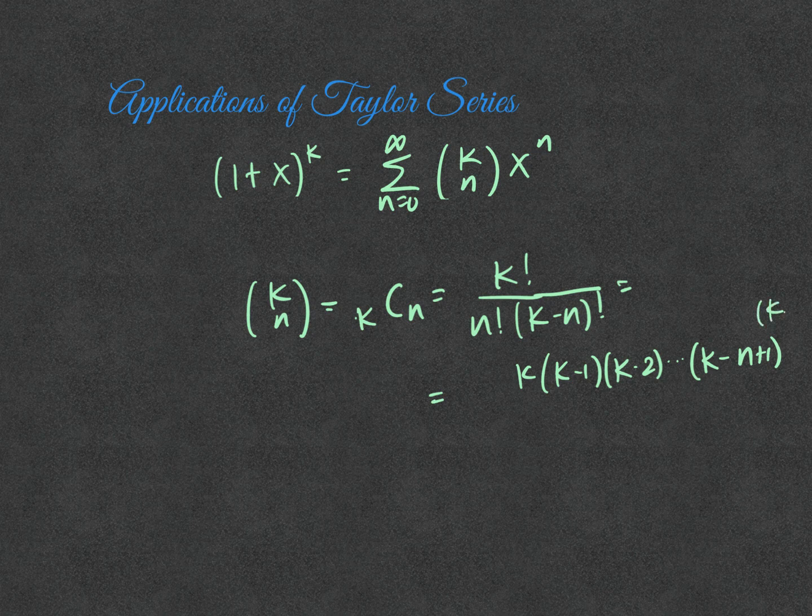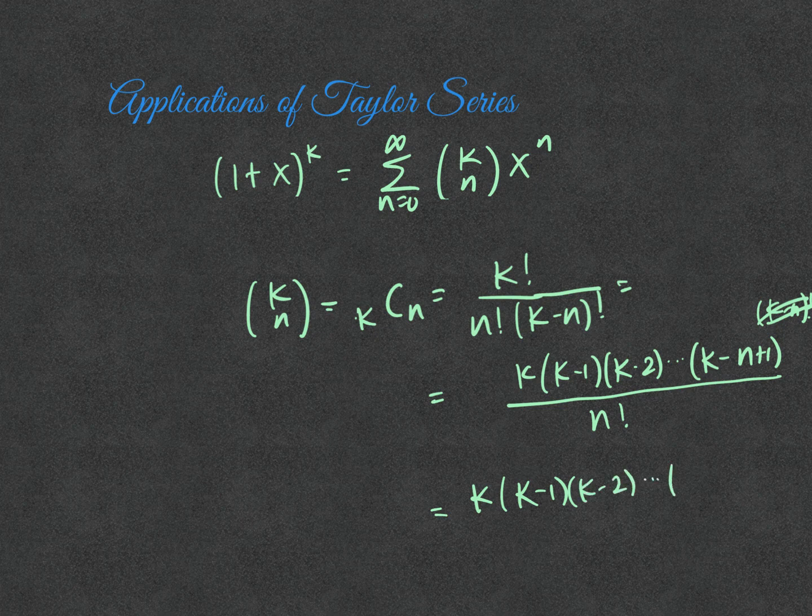And the next one would be (k minus n) factorial, which cancels with the (k minus n) factorial on the bottom. So we have all of those over n factorial, and the (k minus n) factorial on top canceled. So let me just clean it up a little bit and call it k times (k minus 1) times (k minus 2) dot dot dot times (k minus n plus 1), all over n factorial.